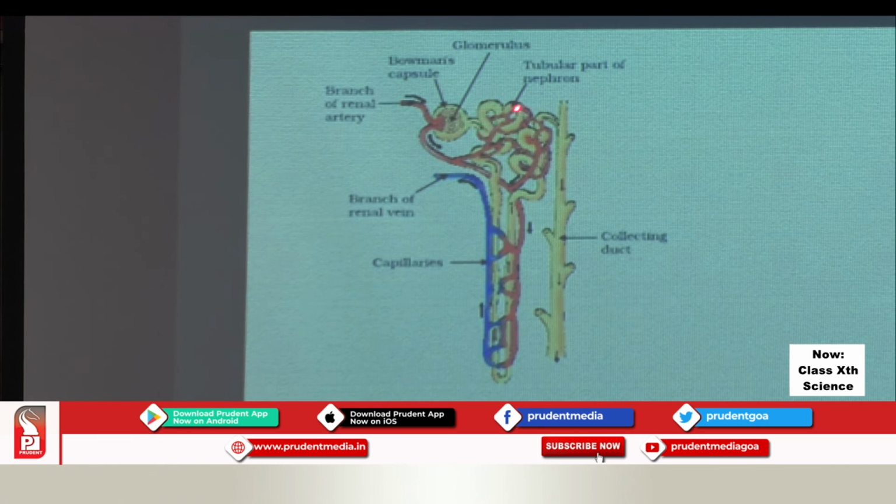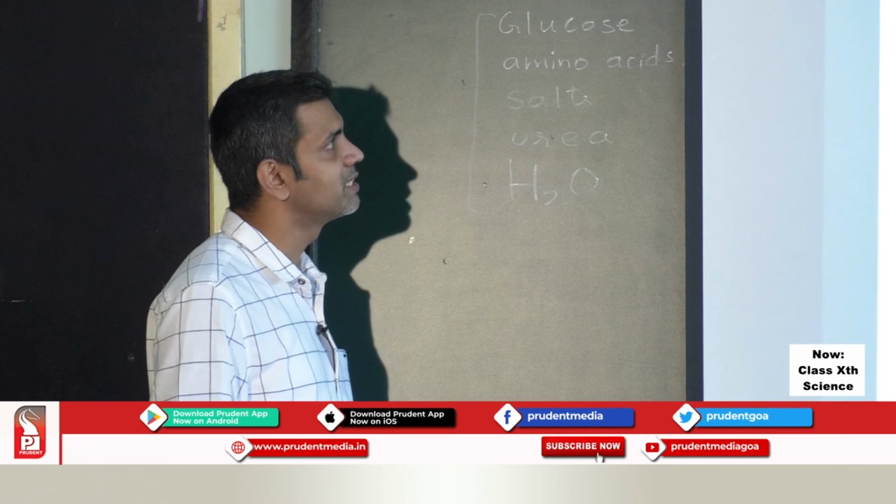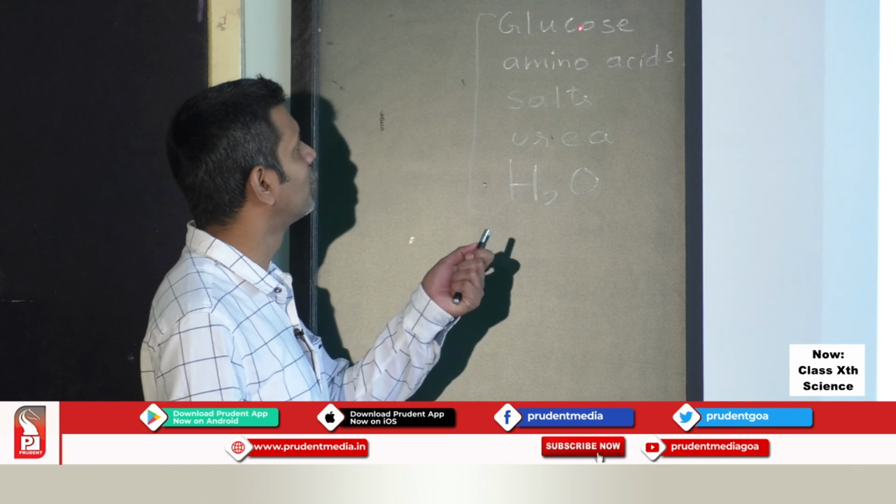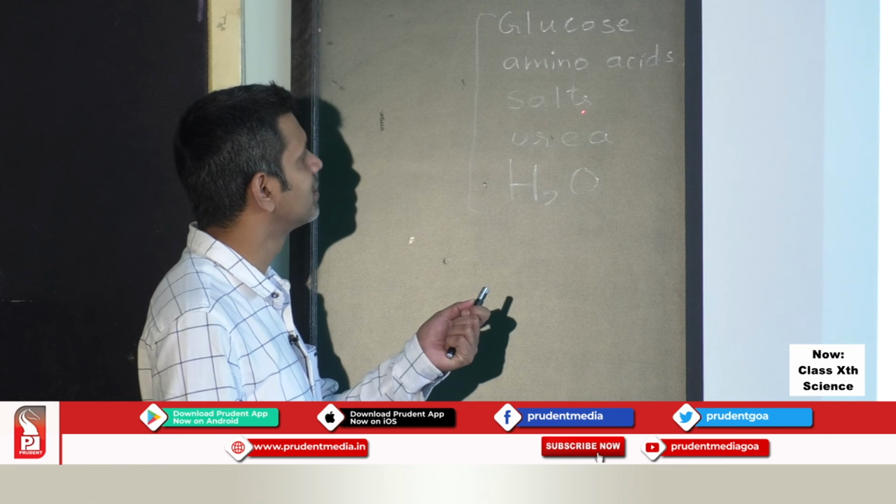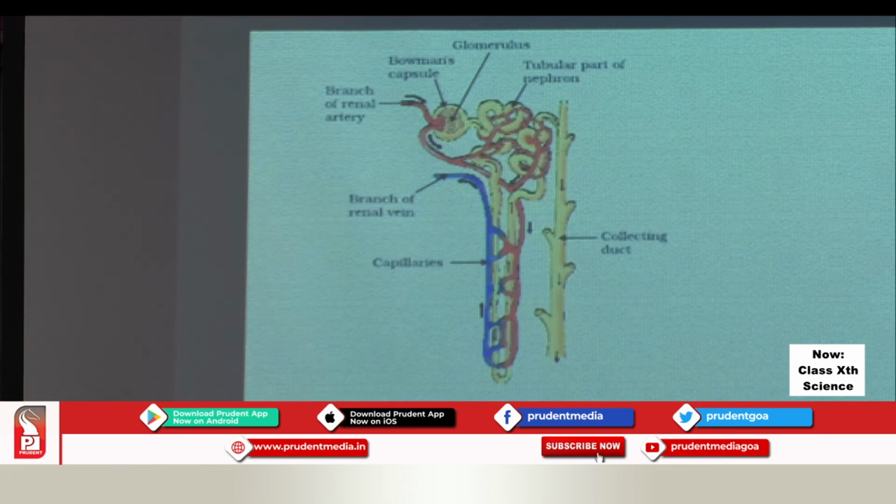As filtrate passes through these tubules, some of the necessary things from this filtrate, some amount of glucose, amino acids, salts, will be reabsorbed by the capillaries which surround the tubules.